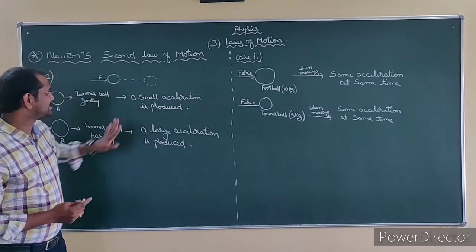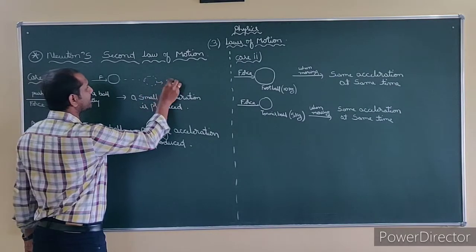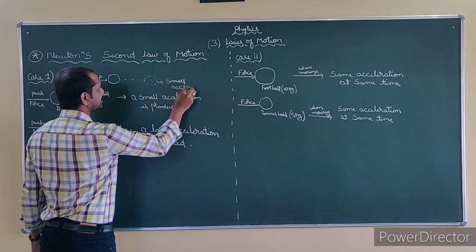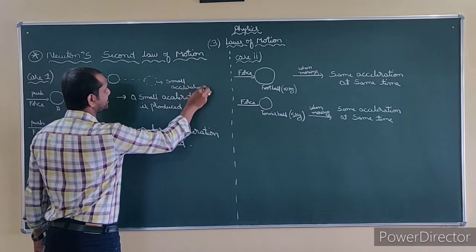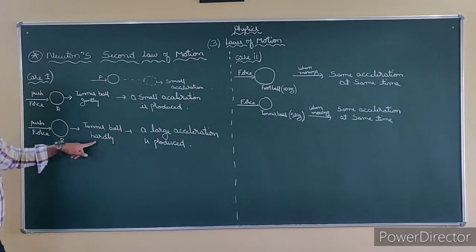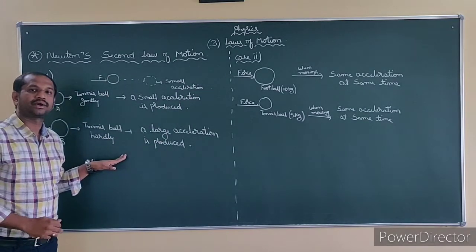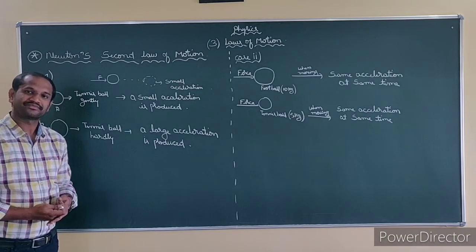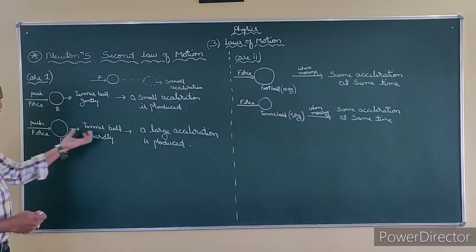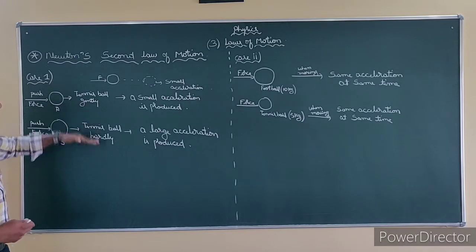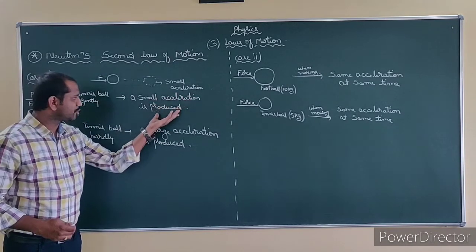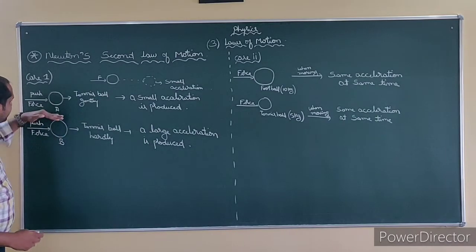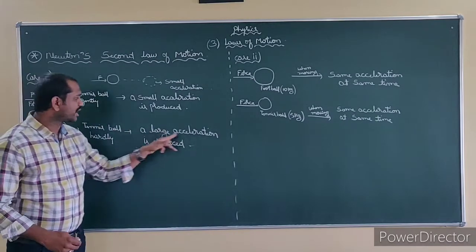So only a small acceleration can be produced here. But when you hit a tennis ball hard, what happens? A large acceleration is produced. True, right? When you push it very hard compared to this, obviously if this is a small acceleration, then tennis ball B, compared with tennis ball A, is going to have a large acceleration.